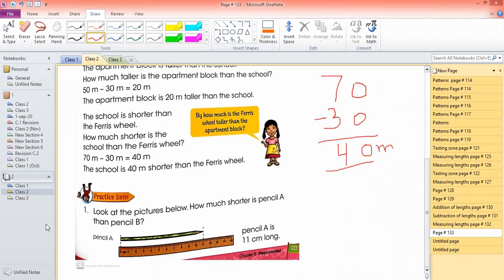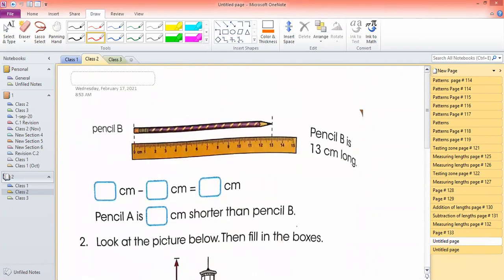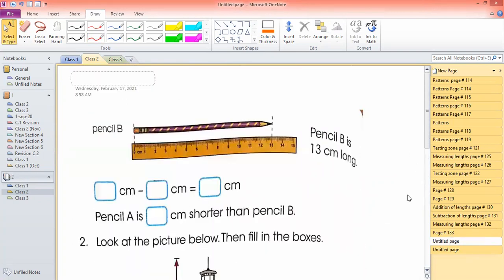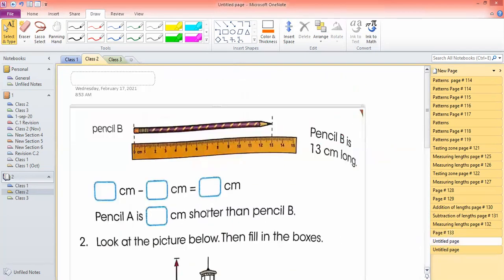Now I'm going to come to the exercise. Look at the pictures below on the practice zone. How much shorter is pencil A than pencil B? Pencil A is 11 centimeters long. Coming to the next page, page number 134. On page 134, you can see that pencil B is 13 centimeters long.